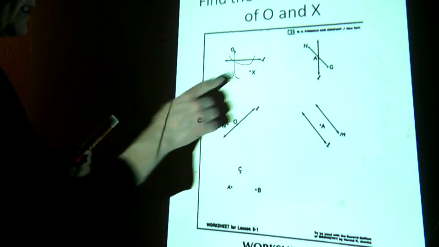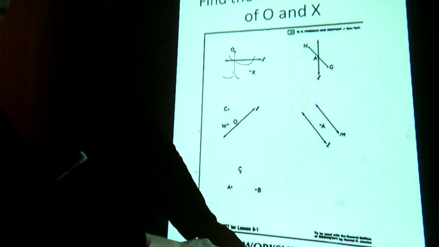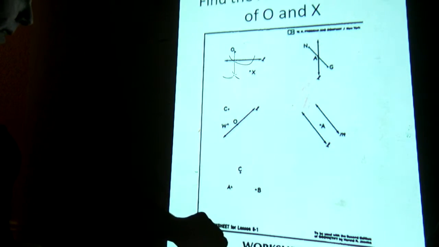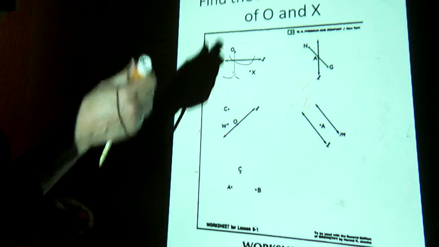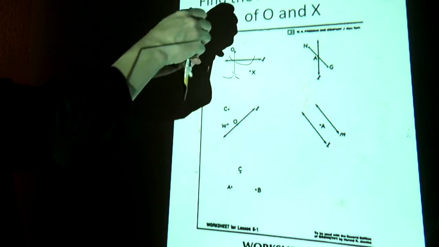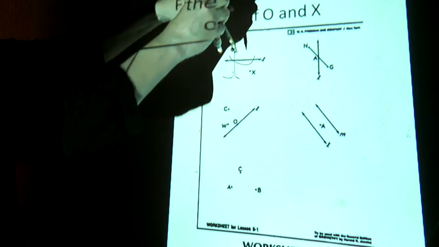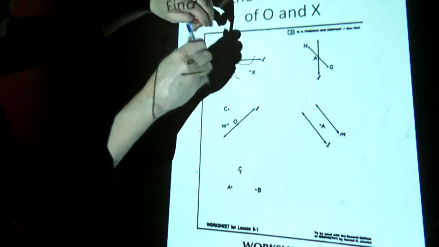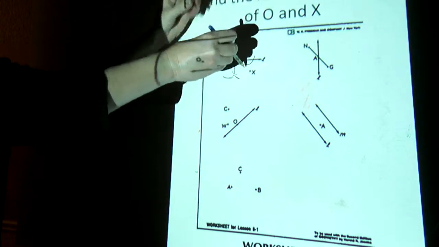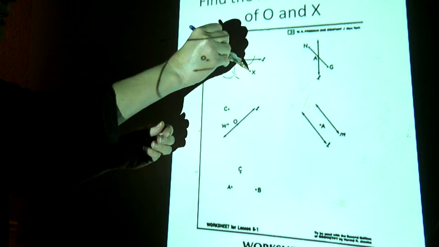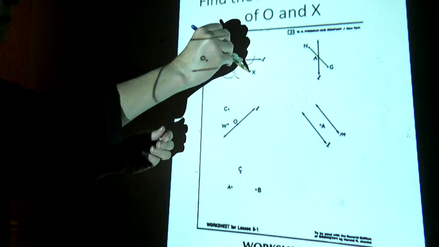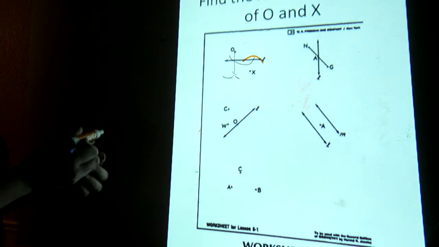And then you would do the same thing with X. So we're going to leave that like that. And you would, again, the black one didn't work so well, so I'm going to use this one. You put the point of your compass on X, and then you would make an arc. So it'd be something like that.